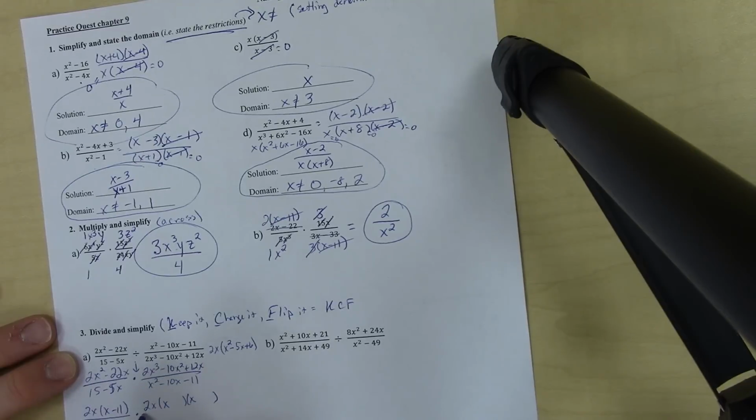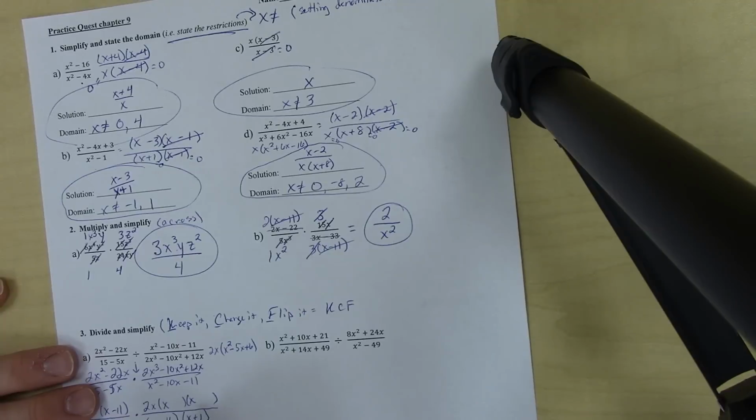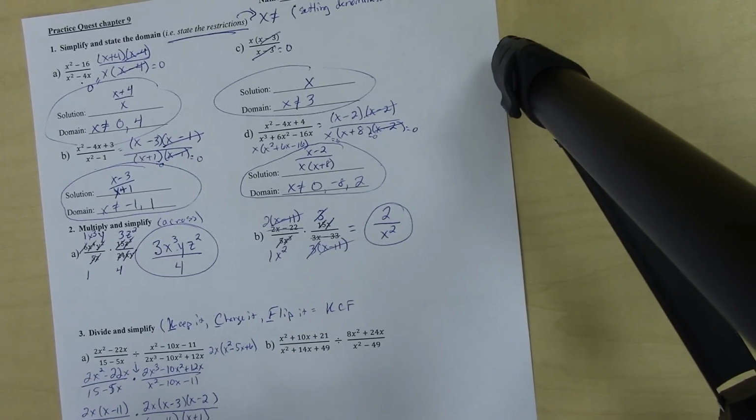On bottom I get x minus 11, x plus 1. This is going to give me, let's see, negative 3 and negative 2. Right, because I'm going to have a lot of crazy stuff going on here.